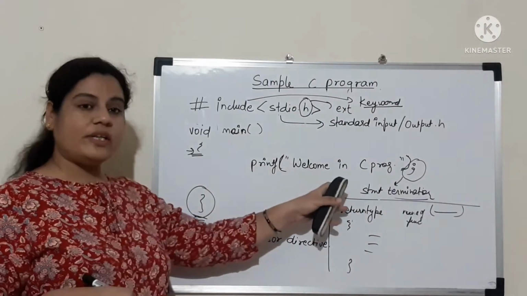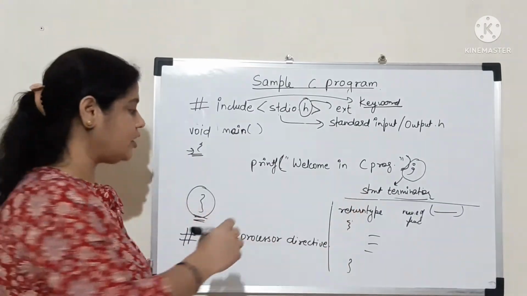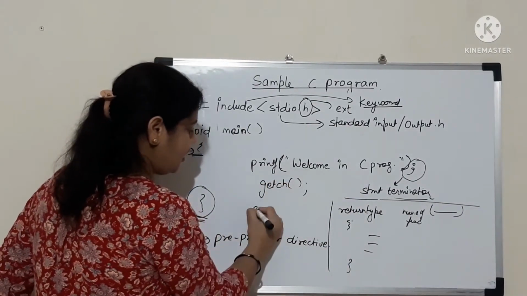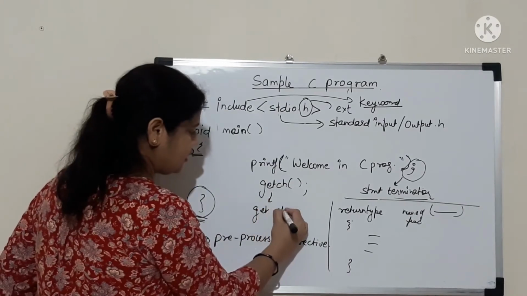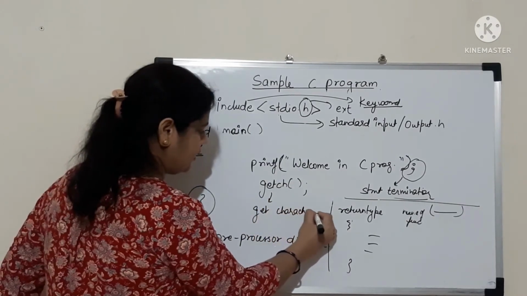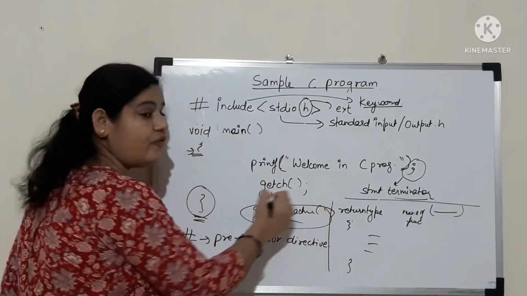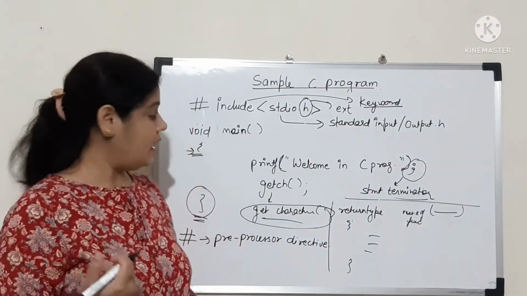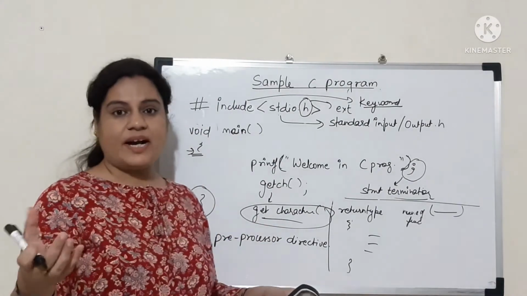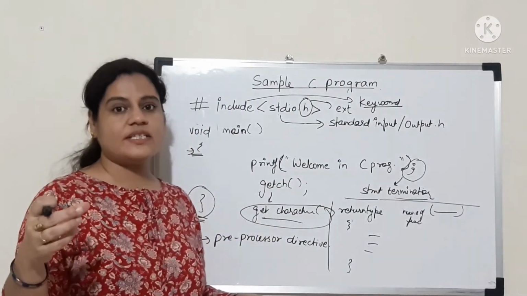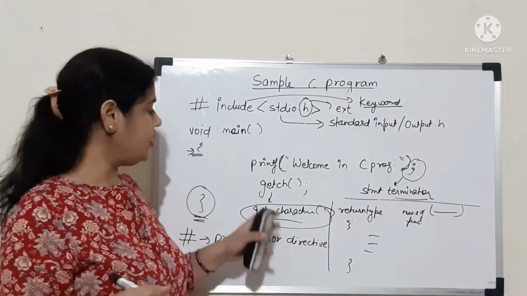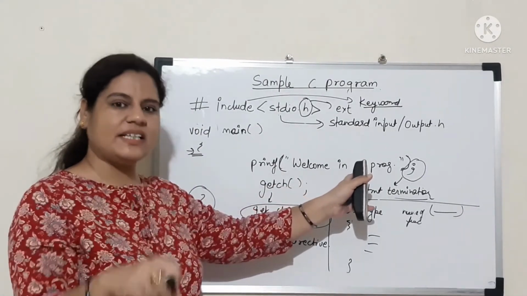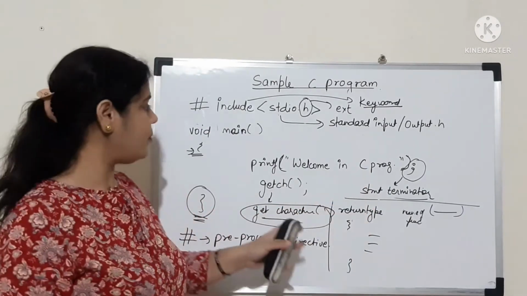If you want to hold the output screen, you can use the getch function. Getch stands for get character, a function which demands a character from the standard input device. Obviously if it demands, it will hold the output screen. Then you can press any character, and it will come into your program.